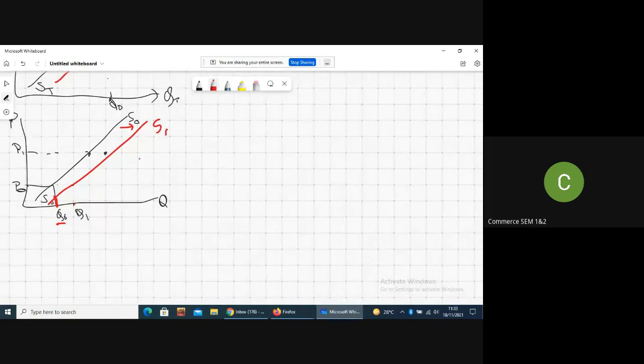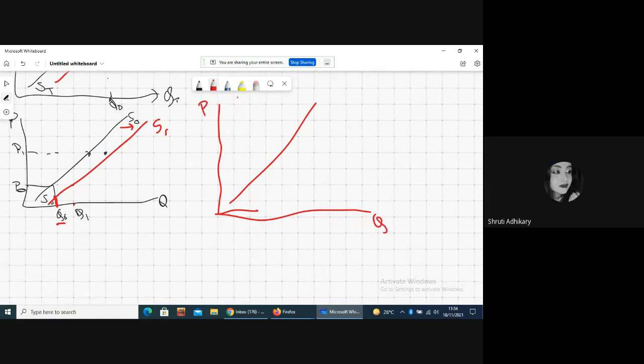Next is price of raw material. So what will happen if price of raw materials increases? Yes, anyone? So the demand will decrease. The supply curve will decrease, sir.